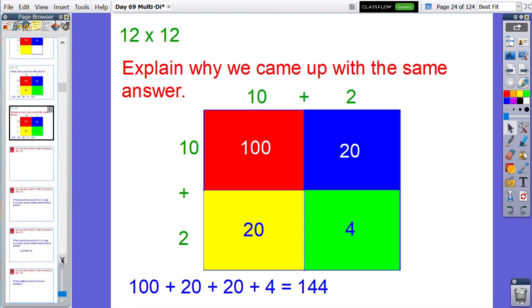Now, how did we get the same answer? Because we are adding the area, we multiplied by the value of each digit, and then we added all of that together to get 144.